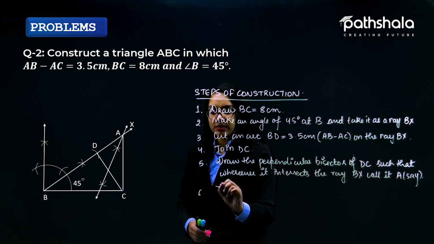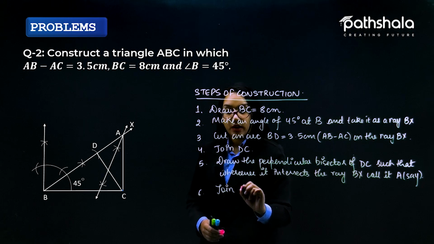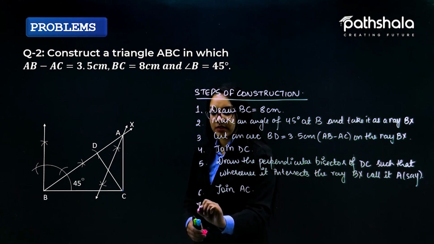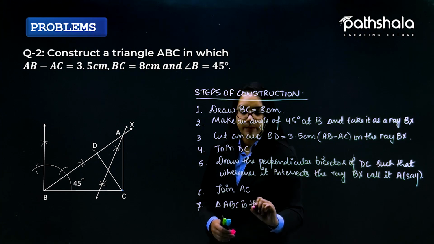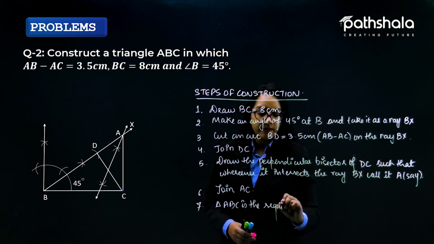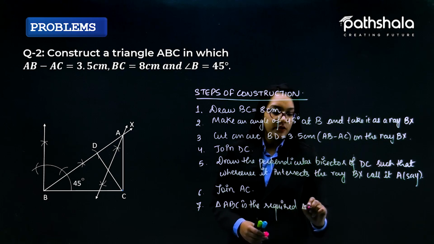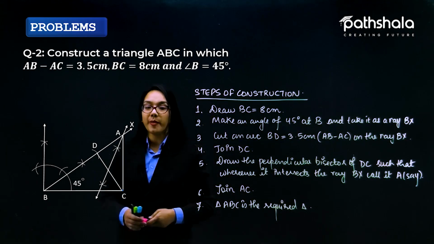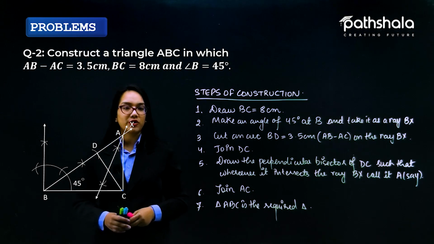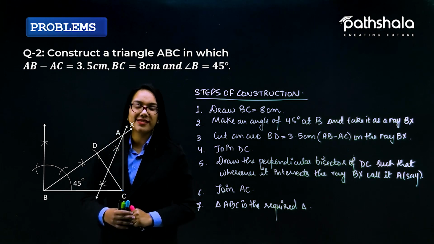The sixth one is join AC. The seventh one is triangle ABC is the required triangle. And this is all about our question number 2. I hope all the steps related to the construction of such a triangle are clear to you.